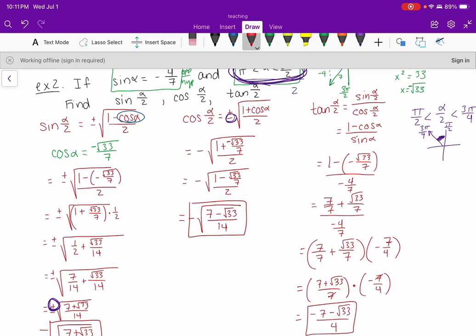What you're going to see with half angles is sometimes you're using the half angle identities to give the exact value of an angle, or sometimes you're looking to actually use the identity, like you're looking for sine alpha over 2, cosine alpha over 2, or tangent alpha over 2. So you may need to use a triangle and be able to plug into the identity.